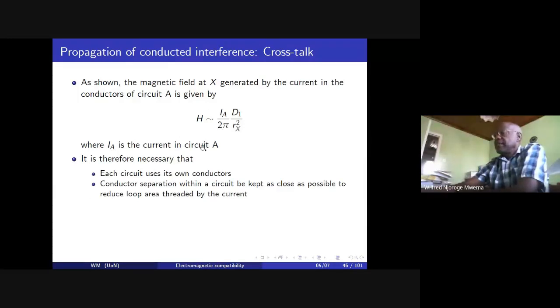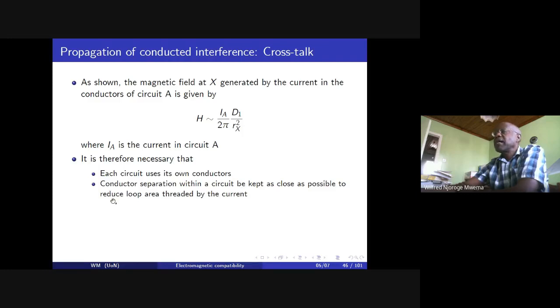We know that any induced voltages will depend on the area threaded by the magnetic field lines. And therefore, we must bring these conductors of a given circuit as close together as possible so that we can reduce that loop area. And this will happen also when you make your circuit on the PCB.